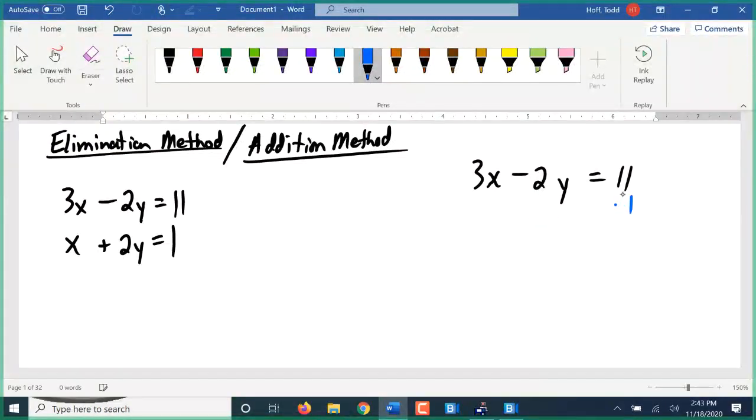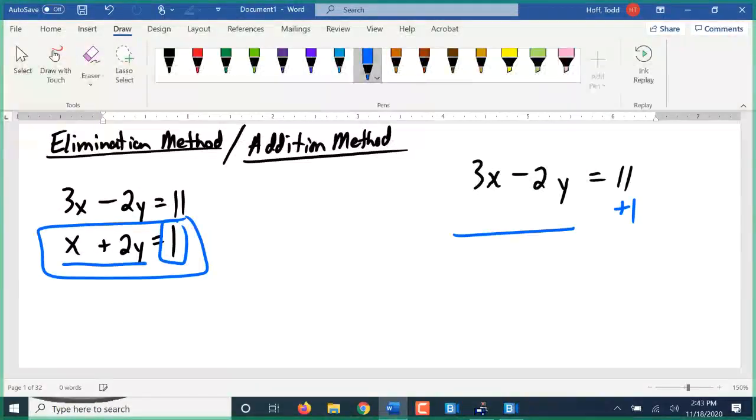I'm going to add 1 over here on this side. But on this side, this second equation tells me that 1 equals x plus 2y. So adding x plus 2y is the same as adding 1 because they're equal.